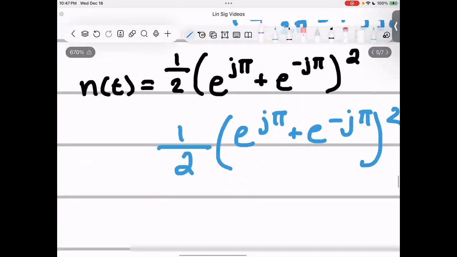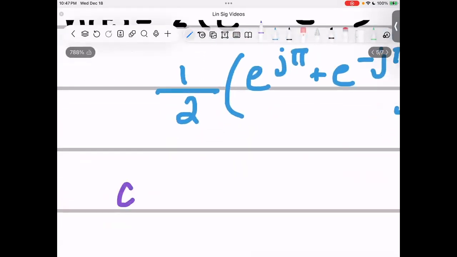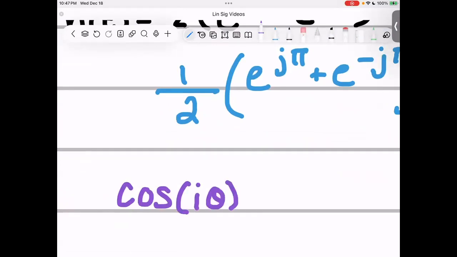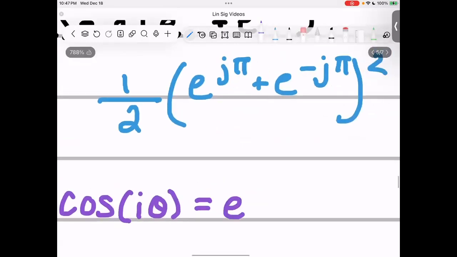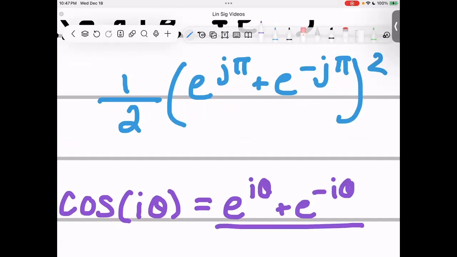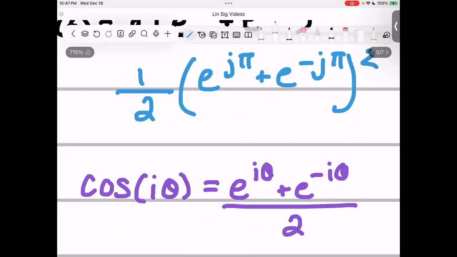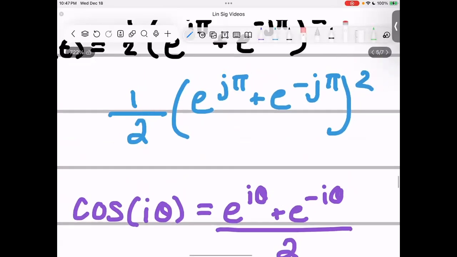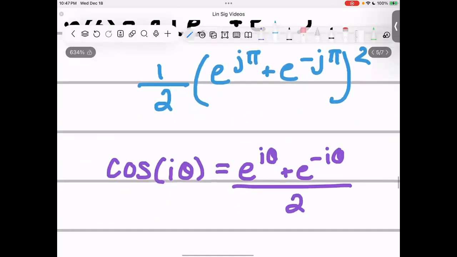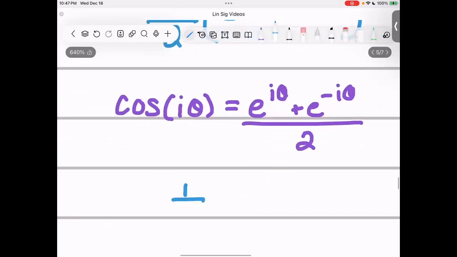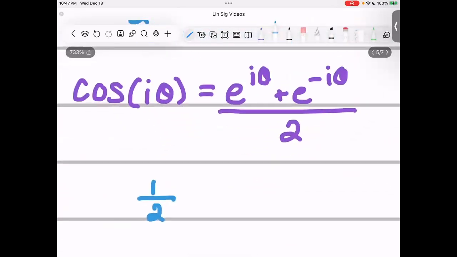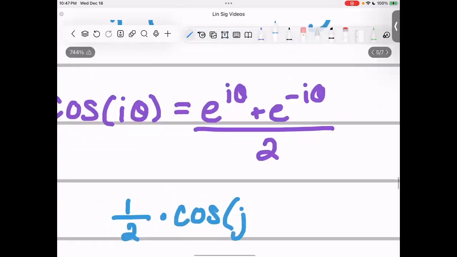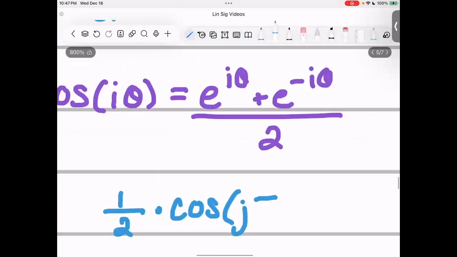There is an Euler identity that states that cosine of theta is equal to e to the j theta plus e to the negative j theta all over 2. And you can see here that we have the 2 for one of the two cosines, but we don't have it for another one. So we end up left with a 1/2, and then times the cosine of j, or I, they mean the same thing, times pi.